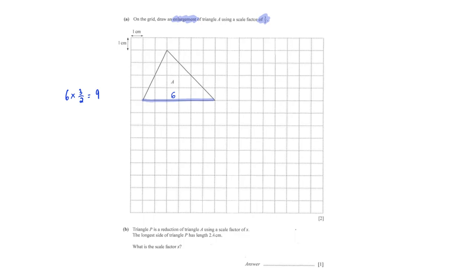So I will start with here. 1, 2, 3, 4, 5, 6, 7, 8, 9. Okay, good.